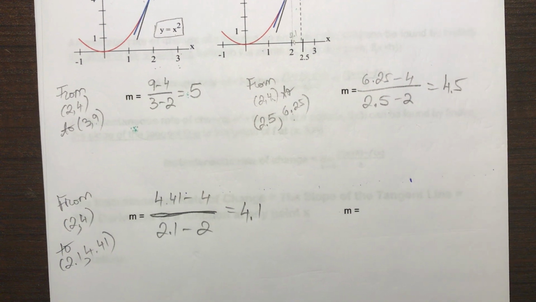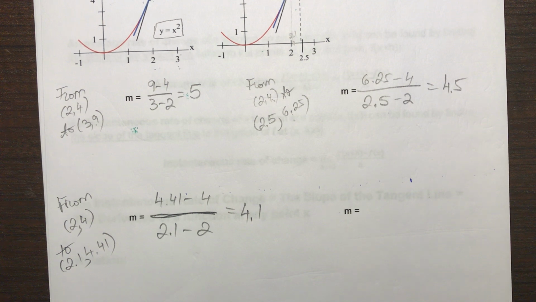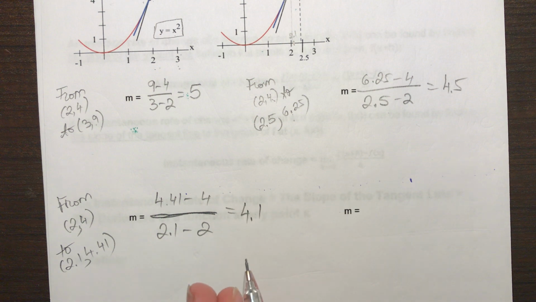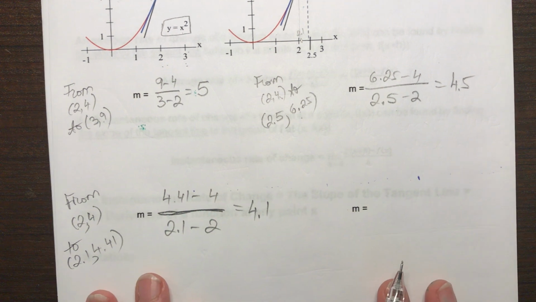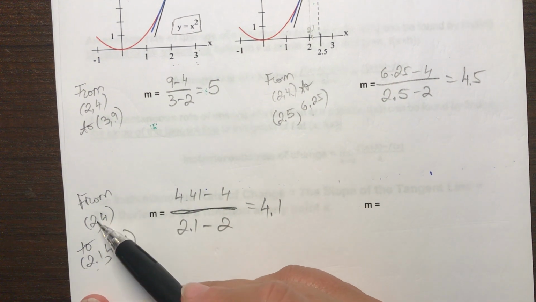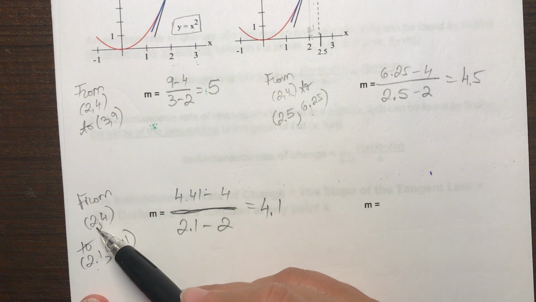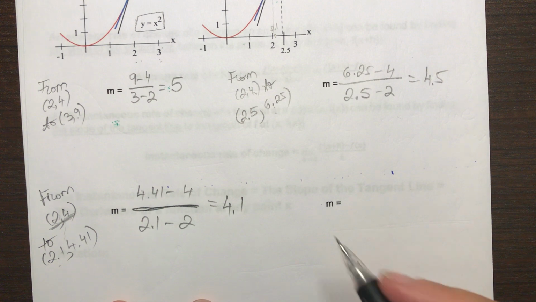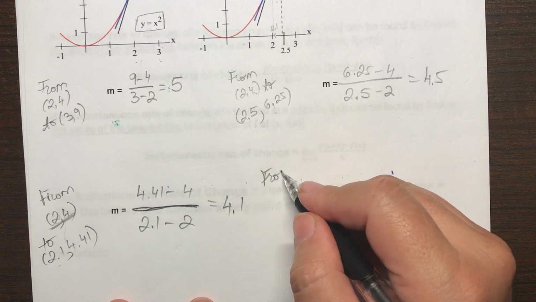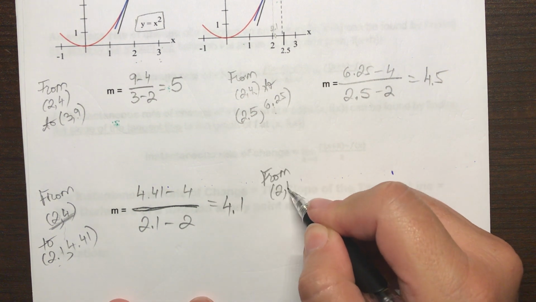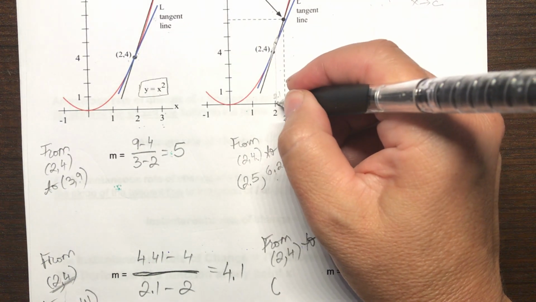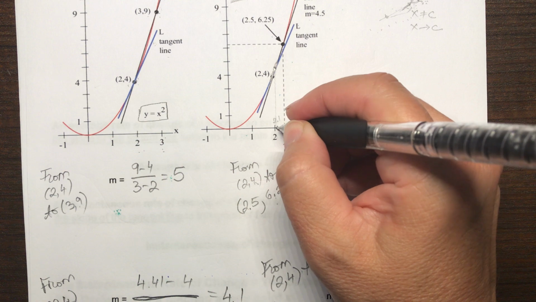All right, so you might be seeing that these values are getting closer and closer, right, to a specific number as we pick this second point closer and closer to this original one of (2, 4). Okay, let's drive it even closer. So how much closer can I drive it? I can drive it to 2.01, right?